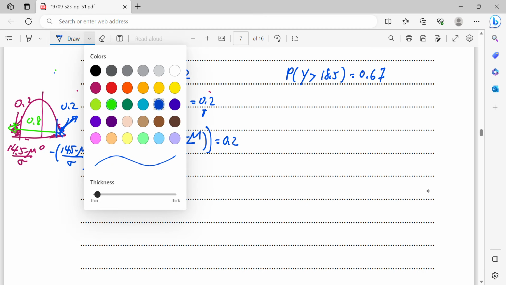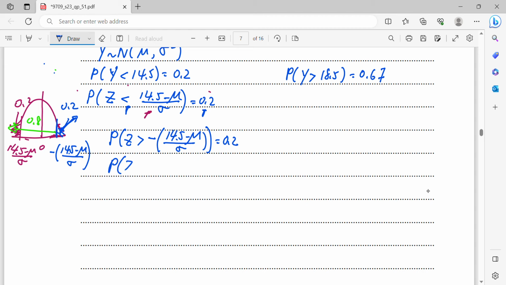So now I will write P(Z less than negative of (14.5 minus mu) over sigma) is going to be 0.8. From the table, P(Z less than 0.842) is 0.8.